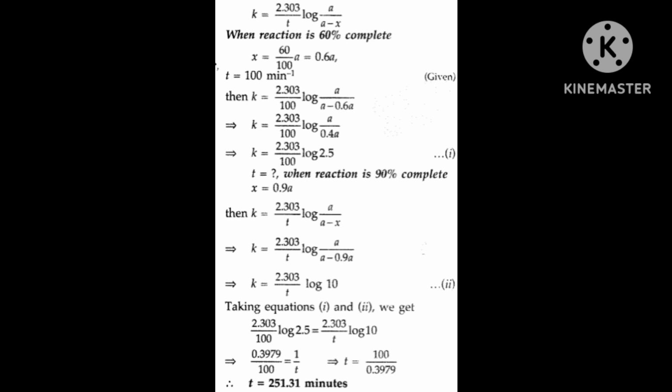If you put the data of log R0 divided by R at different times, it will give a straight line. This is for first order, and this straight line will pass through 0.